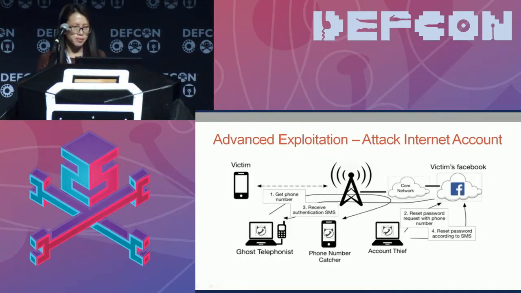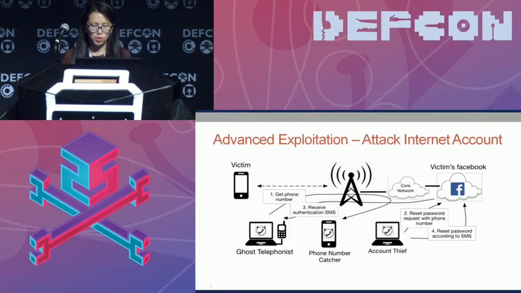We verified this kind of attack, the password reset, on some of the internet applications, for example, Facebook and Google accounts, etc. The steps are illustrated here. In the first step, we control the victim's link and get the phone number.